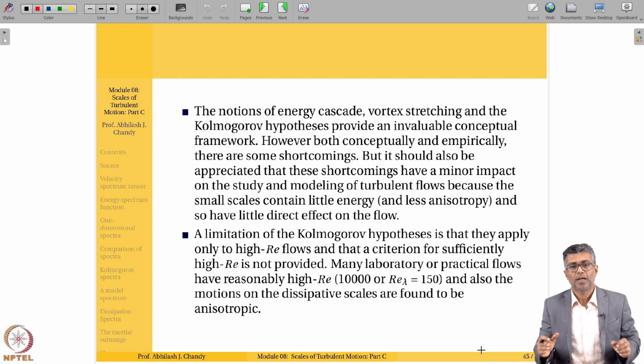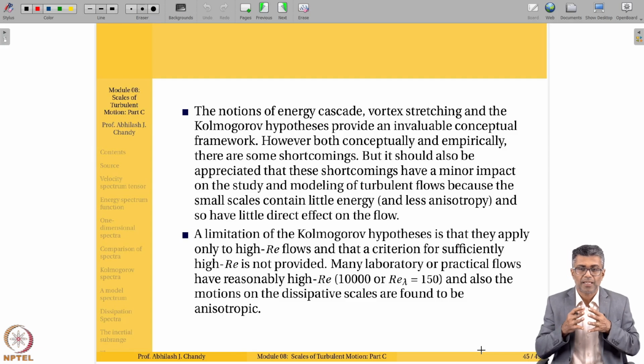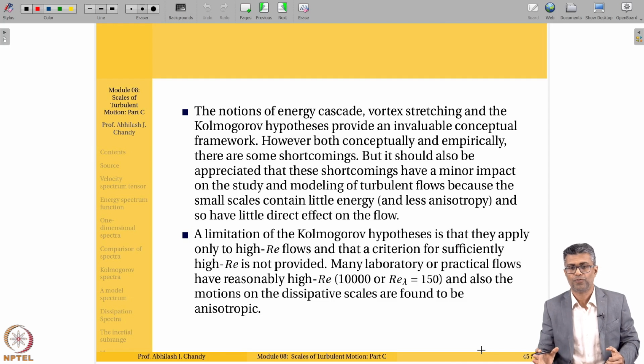Isn't it? Because the small scales contain very little energy, they have little direct effect on the flow. So whatever we are saying, even though there are some shortcomings, making some assumptions is giving us a lot of information, is helping us move forward.